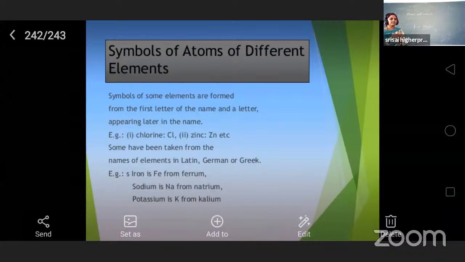It may be a scientist's name or any object's name, but here we call it only K. Like this, all the elements have different names, and they are given shortly. Just as Newton's symbol is N, these elements also have names, and we have given the shortest symbol for them.